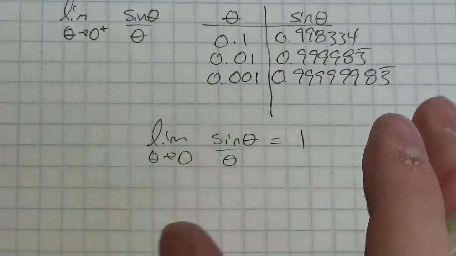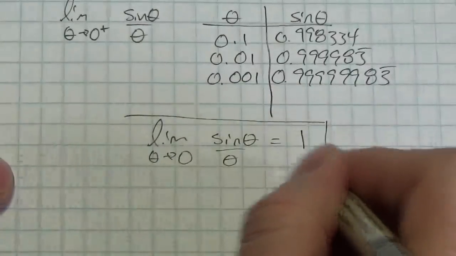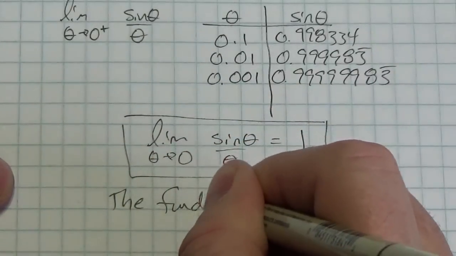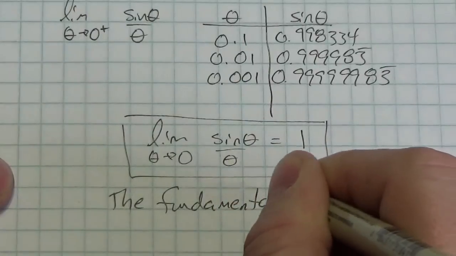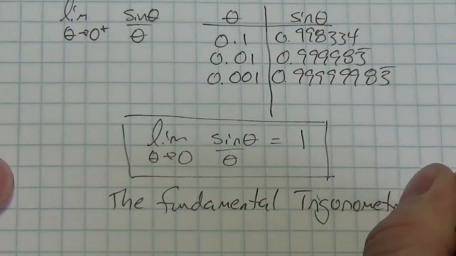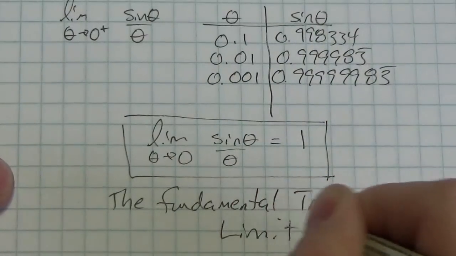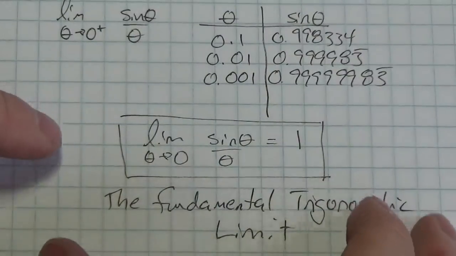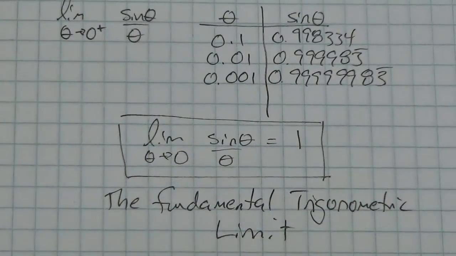Now, that is the fundamental trigonometric limit. That is the limit that we are going to spend a good chunk of our time working with in this chapter.